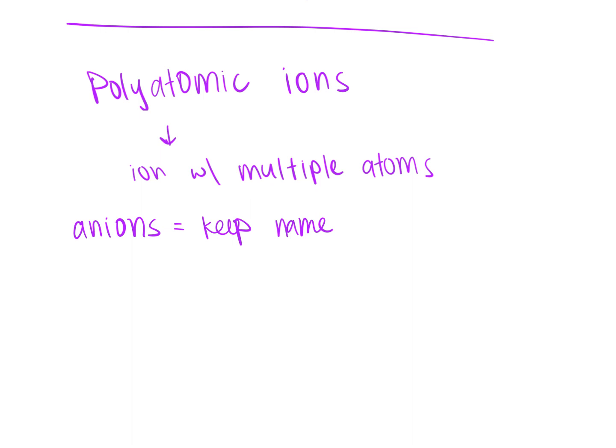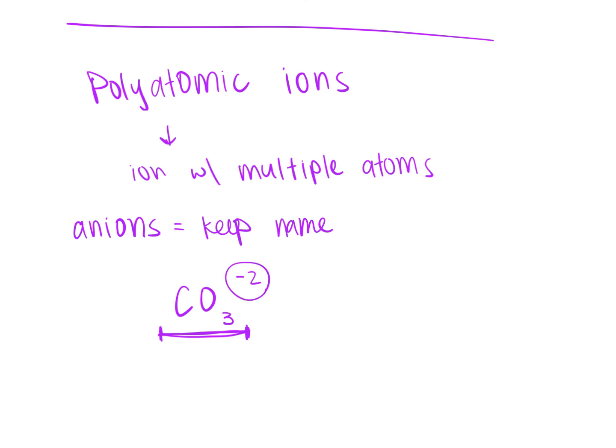Okay, so I want you to look at, let's find one right here called carbonate. Do you see carbonate? What's the formula for carbonate? CO3, and that has a -2 charge. That means this whole compound right here, CO3 as a whole, has a -2 charge.